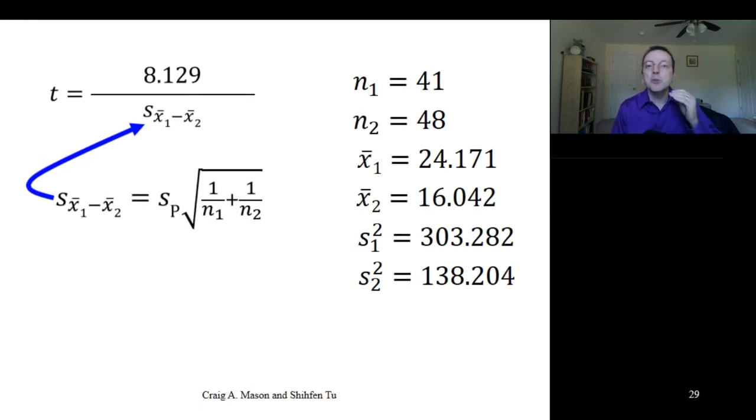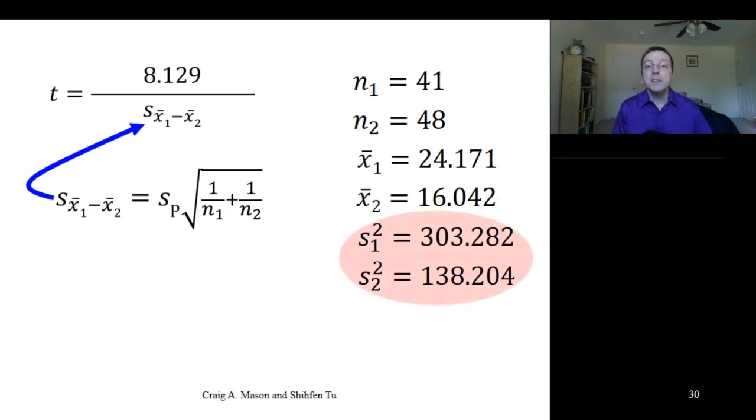Because the test assumes the variances for the two populations are equal, we should check that they do in fact appear close enough in size that we think it's reasonably likely that they're equal. Now, I've seen a rule of thumb that one variance should be no more than 4 times the size of the other variance, and there are analyses you can do to actually test whether the variances are different.